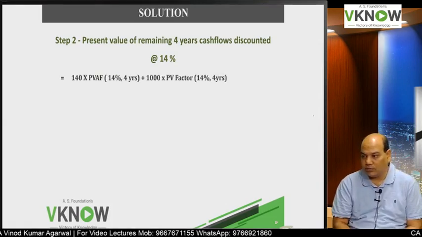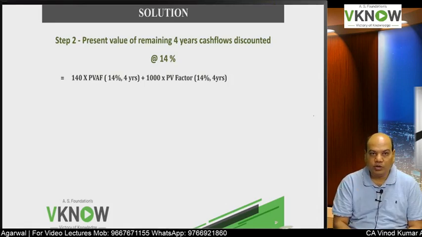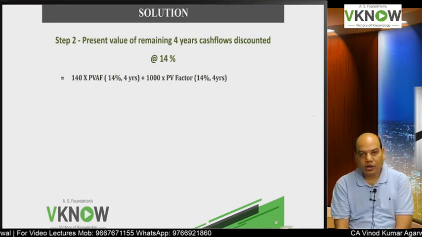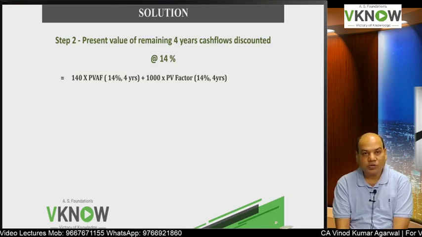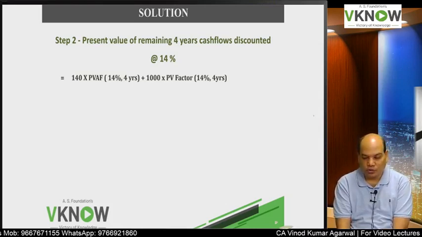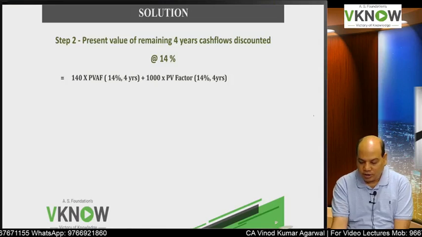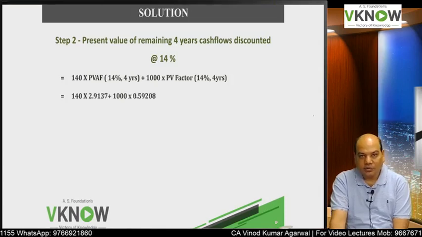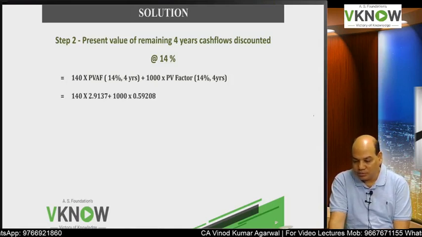So write down the formula. This is not a formula, this is just calculation. 140 into PV annuity factor at 14%, 4 years, plus 1000 rupees redemption value into present value factor at 14%, 4 years. So you will take your calculator and compute the factors.